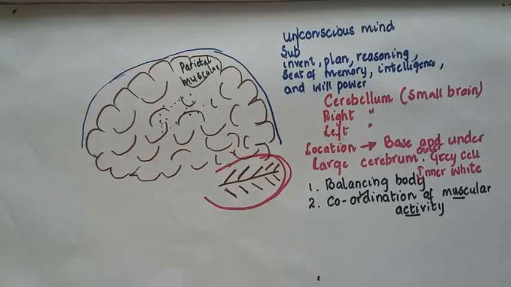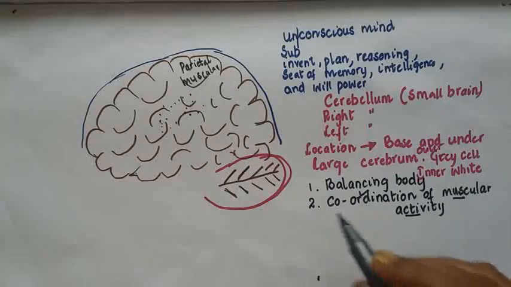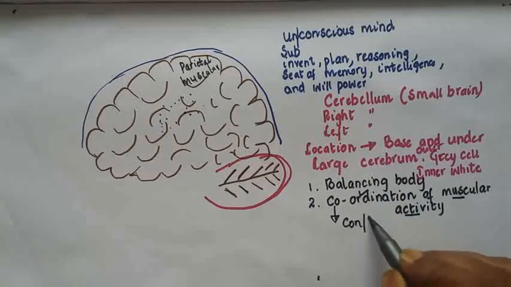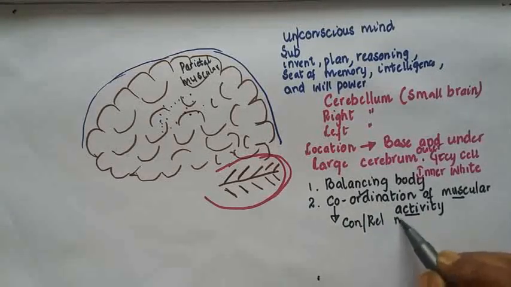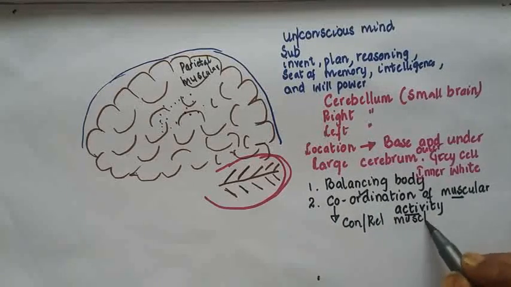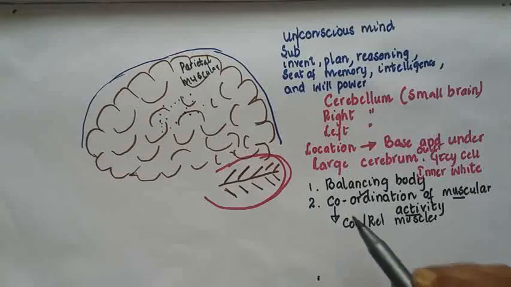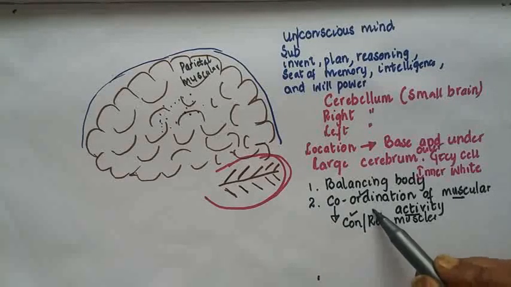So what is the meaning of coordination? It is relevant to the contraction and relaxation of muscles. Whenever you are walking or taking part in a running race, the muscles of your hands, legs and arms undergo contraction followed by relaxation.